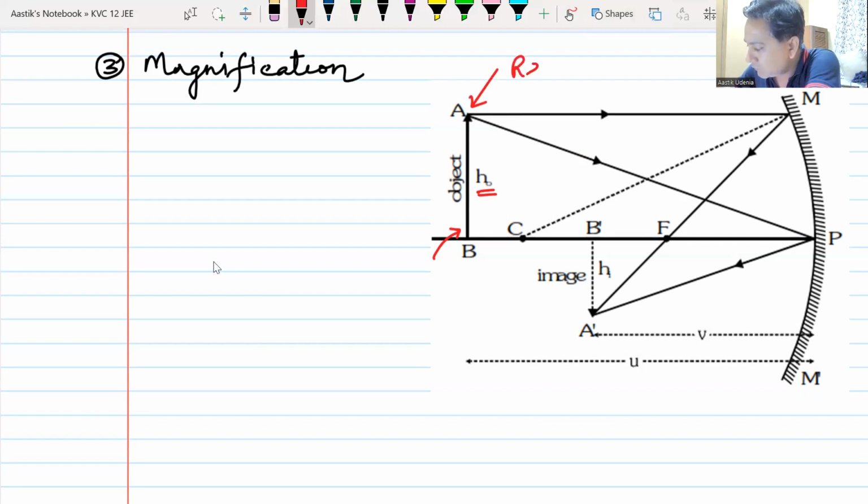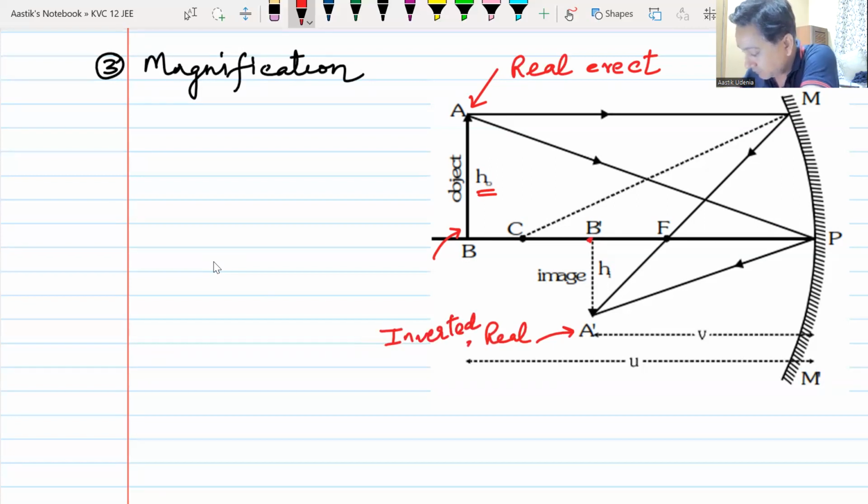Well done. Is it an erect object or an inverted object? Correct. Well done. Let us talk about the image then. What type of image is this? Real. Is it inverted or erect? Inverted. So remember, whenever we have a real image of a real object, it will always be inverted.